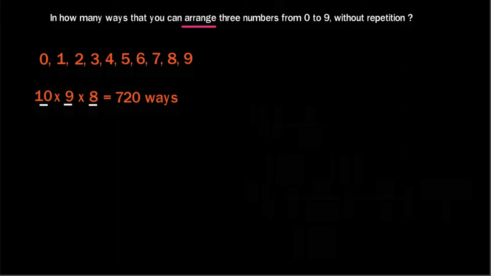To do this using the permutations formula, we can use nPr. So n is actually 10 here because we have 10 digits, and r is 3, the numbers that we want to arrange. So 10P3.